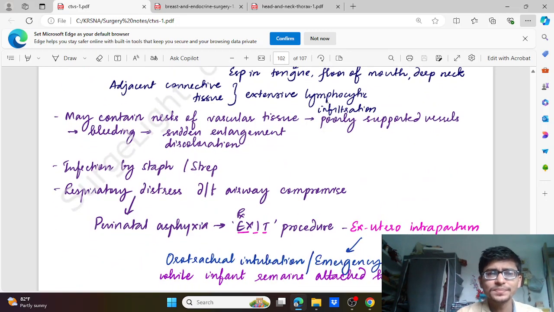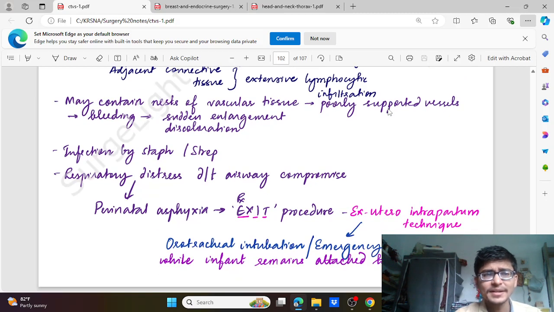There can be extensive lymphocytic infiltration in the adjacent connective tissue, and histologically they may contain nests of vascular tissue. These are poorly supported by vessels, so may bleed and result in sudden enlargement and discoloration.